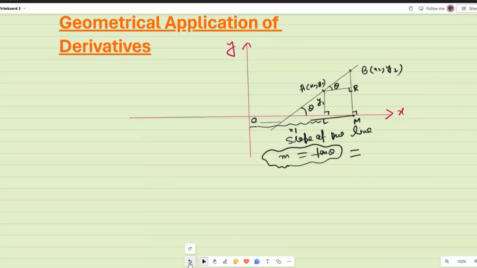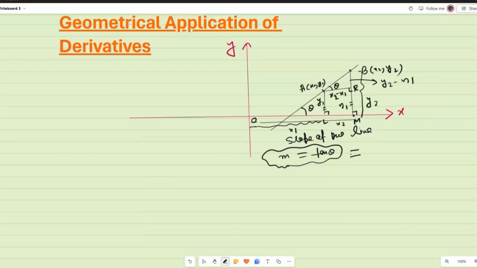Foot of perpendicular is at a distance x2 from the origin. This length is x2. And this total length is y2. This is y1, meaning this part is y1. So this length BR is going to be y2 minus y1 and this is x2 minus x1.